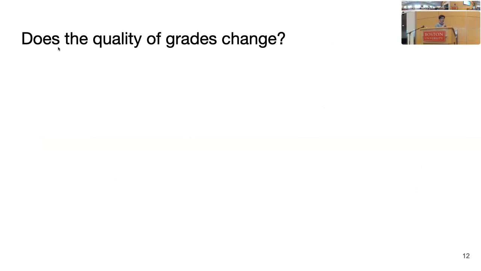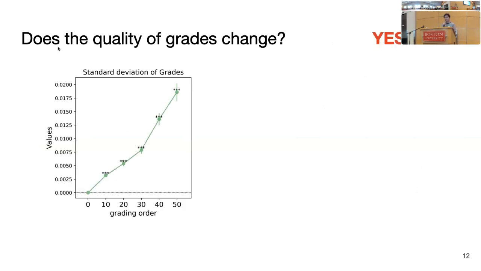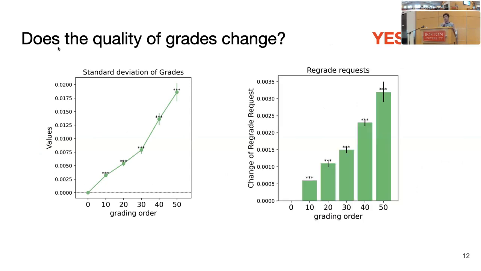So does the quality of grades change? Yes. First, for the variance of grades, we see way larger variances for later graded assignments, suggesting that the standard of grading is changing a lot for later graded assignments. Similarly, we see way more regrade requests for later graded assignments, suggesting that potentially the graders themselves are making more mistakes, that the quality is actually dropping.